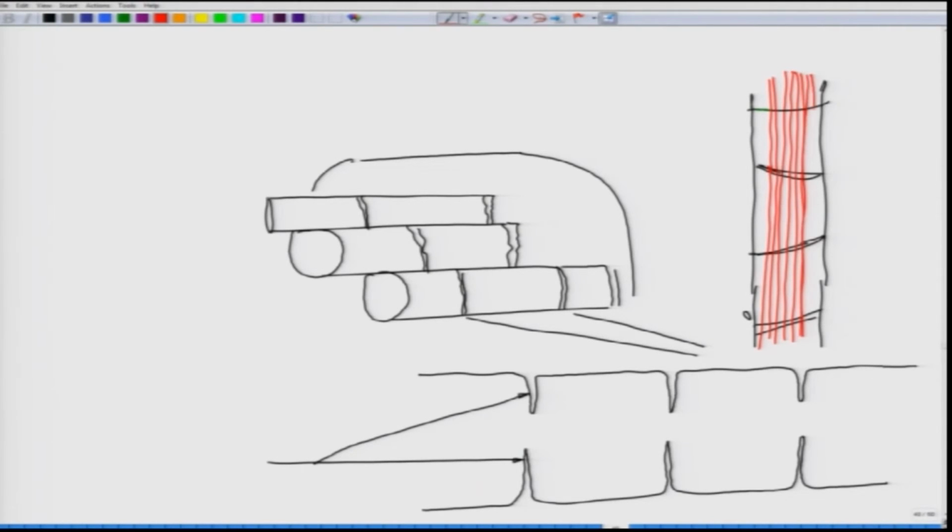Okay. So, what you will observe here is, let me pick up another color. Okay. There are gaps like this, something very similar to what I drew here.